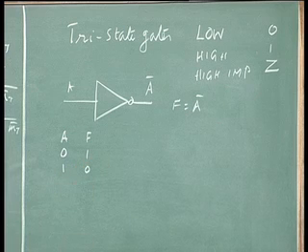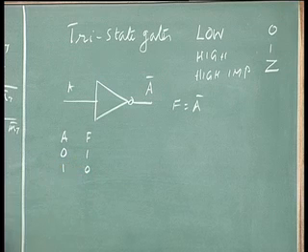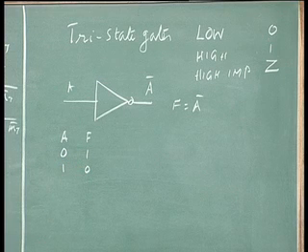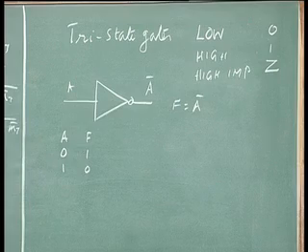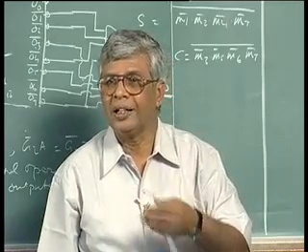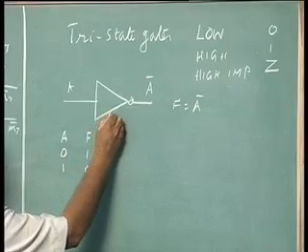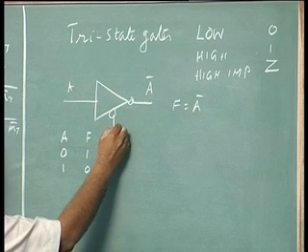All of us know this. Now we are introducing a third concept: the output can be either 1, 0 or Z. How do you control this? When you want the output to be high impedance, how do you make it high impedance? I need some other extra input for that. So I have a third input called the enable input, that is where the enable concept came from.